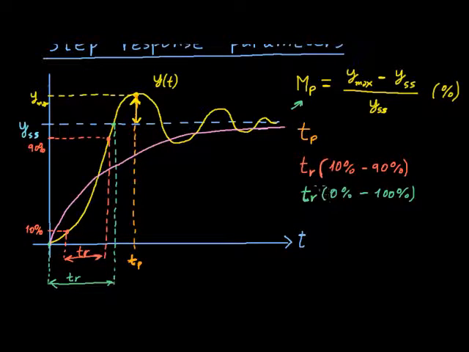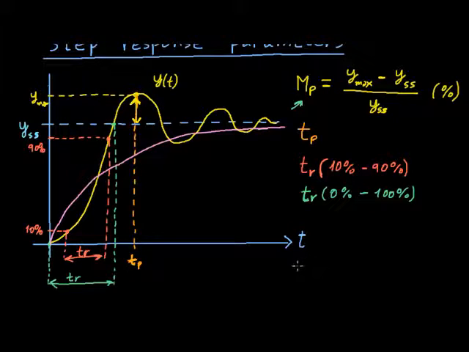So in that case, the rise time from 0 to 100% could not be found. Well, the rise time aims to give us a sense of the speed of a system, how fast the system responds.